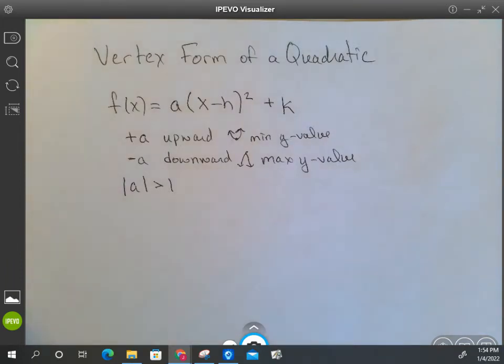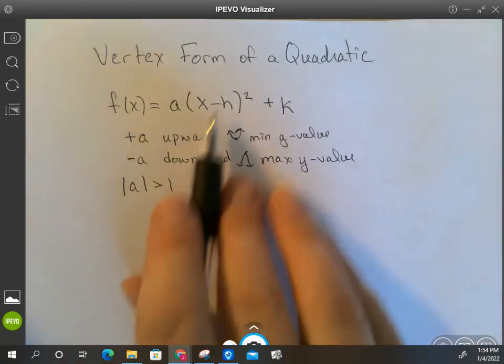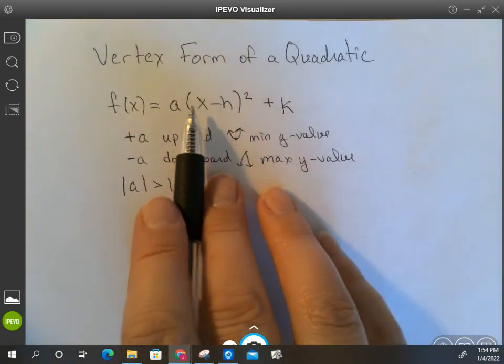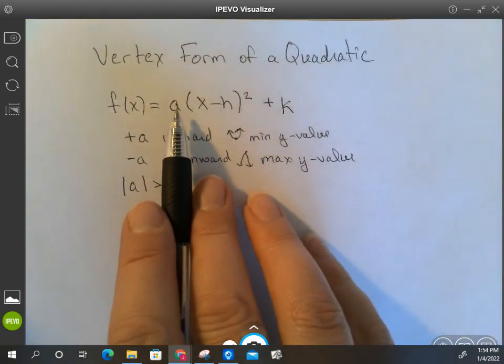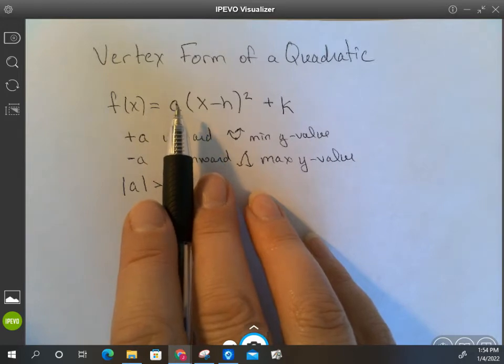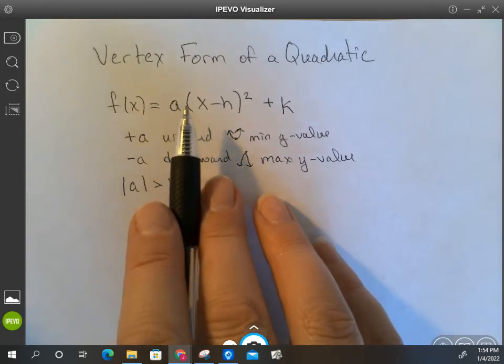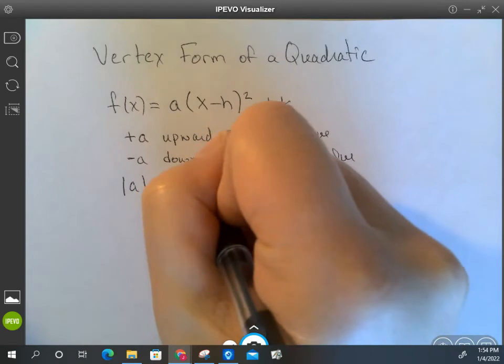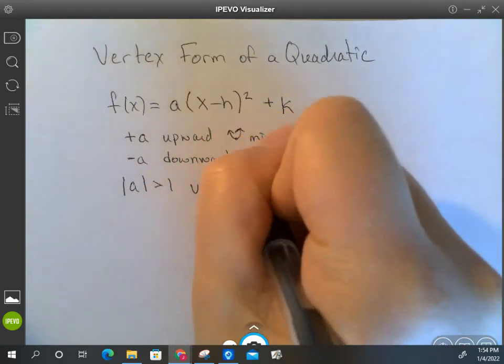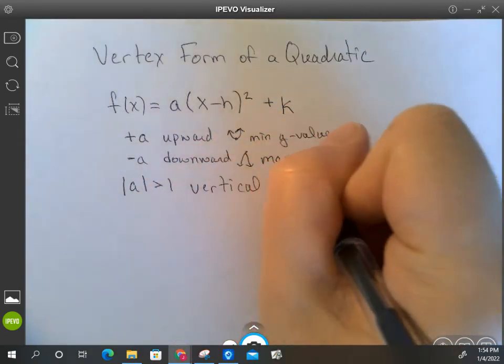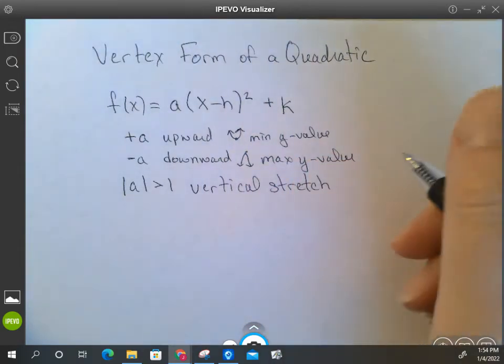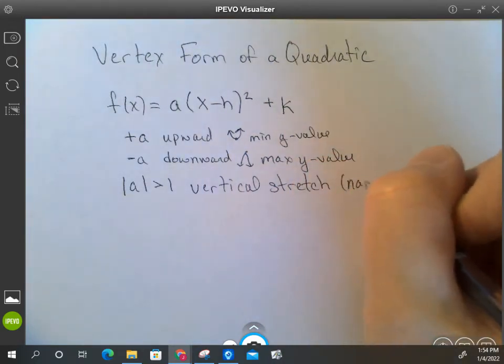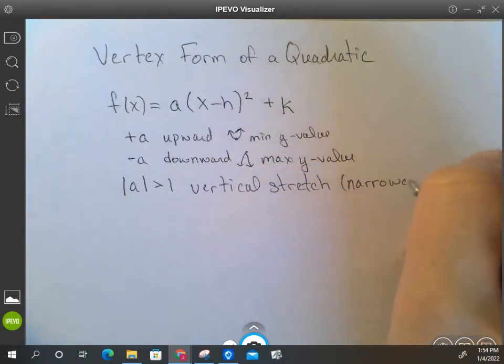Vertically, because it's growing. This is the y value equals this. Whatever you squared, you're multiplying it 10 times as much. So your y value is jumping. So it's going to look like a more narrow graph. So we call that a vertical stretch. So it could be upward or downward, depending on the sign. It's going to be a vertical stretch, or it's going to look more narrow or narrower.